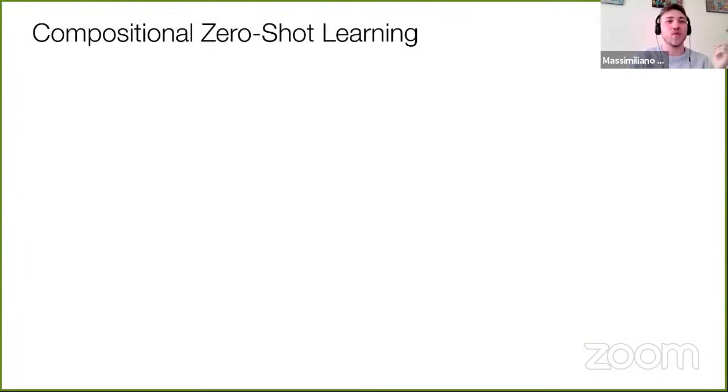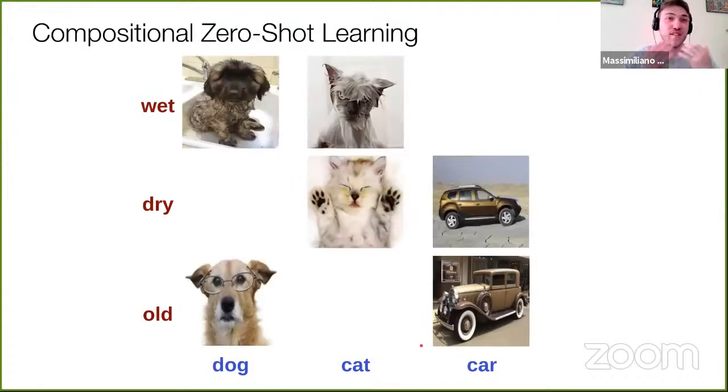Because here, the primitives are some states, such as wet, dry, old, and then you have objects that are another kind of primitive, so dog, cat, and car. And during training, you see just some combinations of those in terms of images.